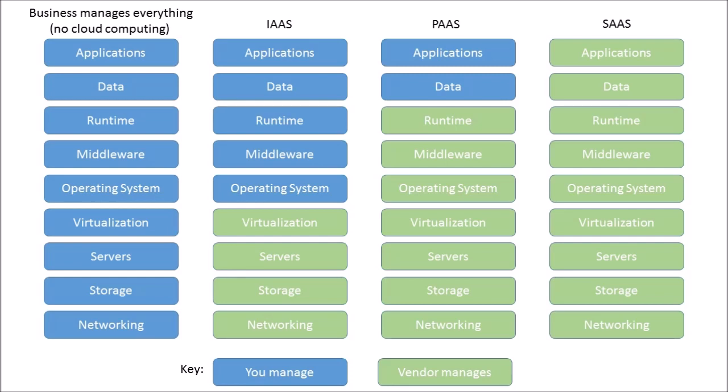As we move one step further, you can see SaaS, that is Software as a Service. In this, you can see everything is in green. That is, everything is managed by the vendor and nothing is left for the organization. Then you must have a question: what is the subscriber, the customer or organization, doing?